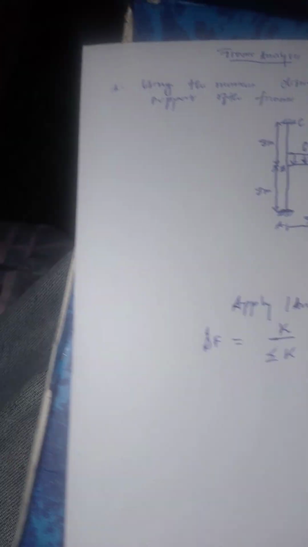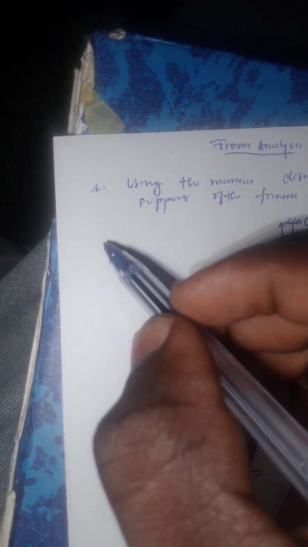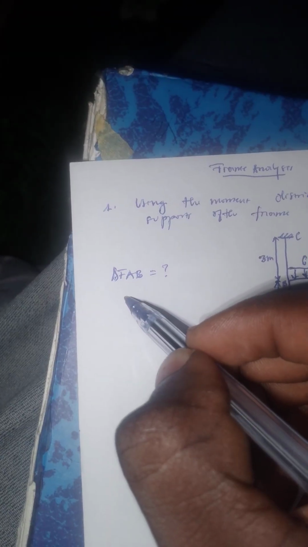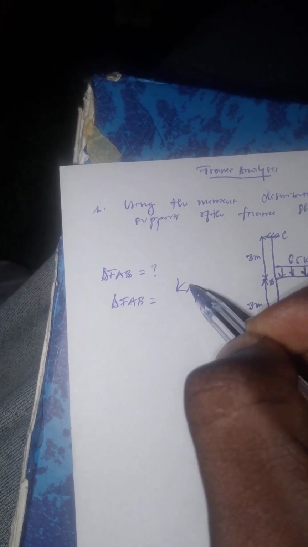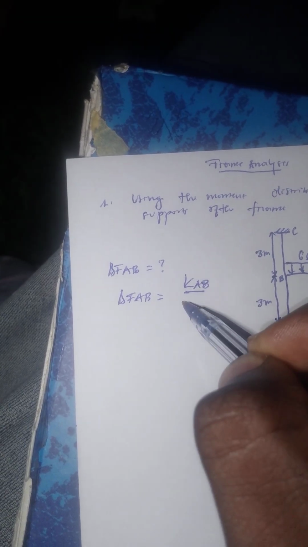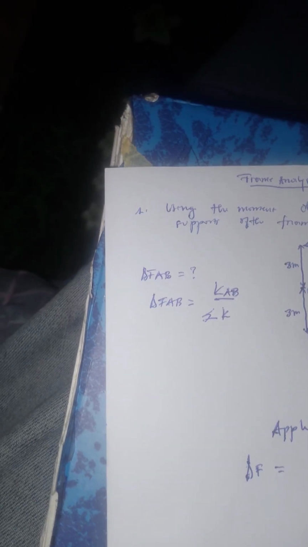Here we have the distribution factor AB. What must it be equal to? Distribution factor AB must be equal to member stiffness AB over summation of member stiffness.